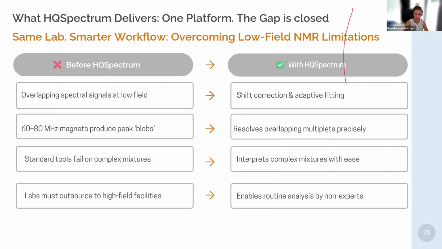Now we can say that HQS Spectrum changed that, because through adaptive fitting and shift correction, it enables more reliable and confident analysis directly on the benchtop device, and users can analyze complex samples with greater confidence and efficiency.